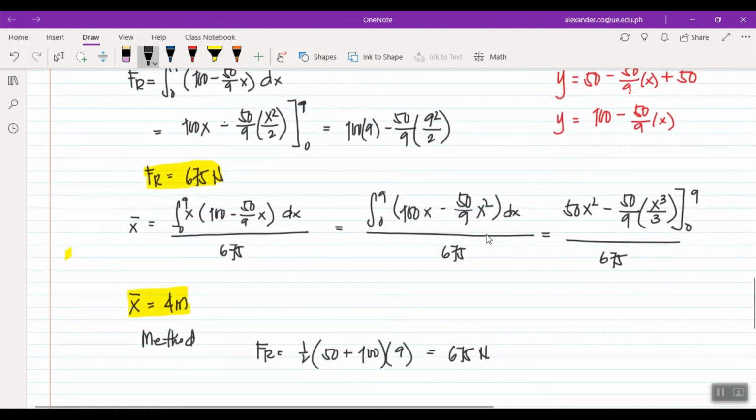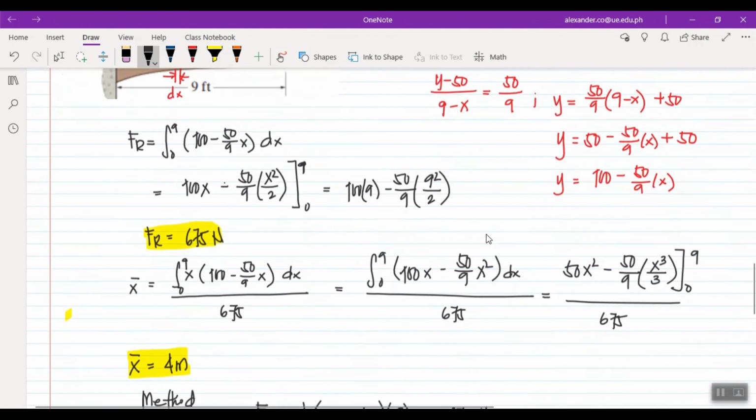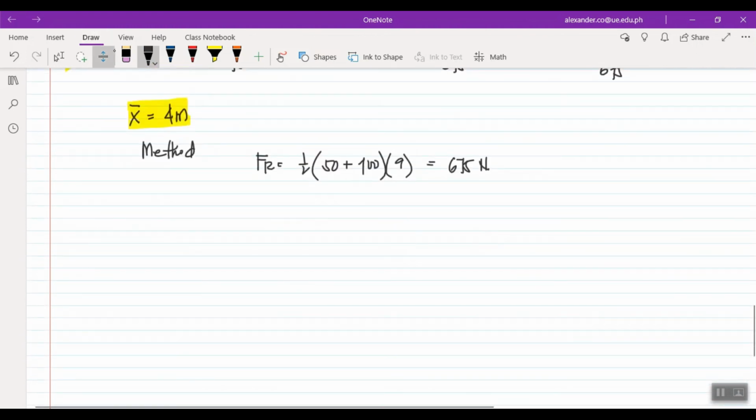Kilonewton? Hindi ko maalala. Pounds pala, sorry. So, it's pounds. Ito pala pinakamadali, pero kung kabisado mo equation, no? So, yung bar x, paano kunin yung bar x? Kung alam mo yung centroid ng trapezoid, which ako hindi ko kabisado.